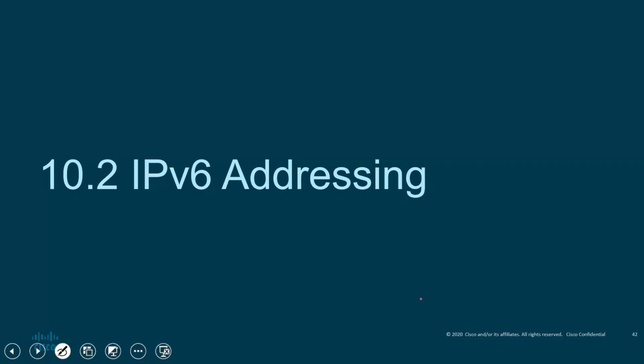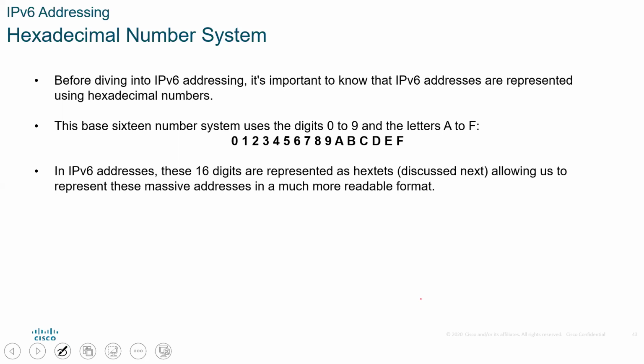So how is IP version 6 addressed? Remember, in IP version 4, we said it is addressed in 32-bit binary, or in 4 octets of 8 bits each. And we also said that it has a network portion and a host portion. Now, in IP version 6, it also has the network portion and the host portion.